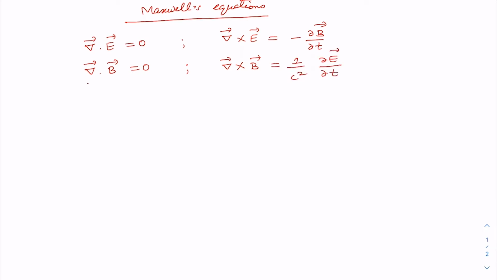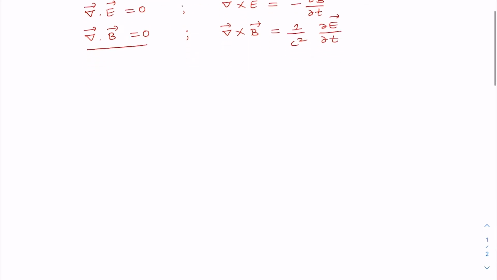Now because divergence of B is equal to 0, we can write B as curl of A, and you know that A is called the vector potential.